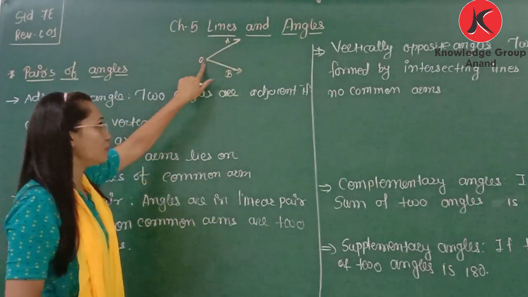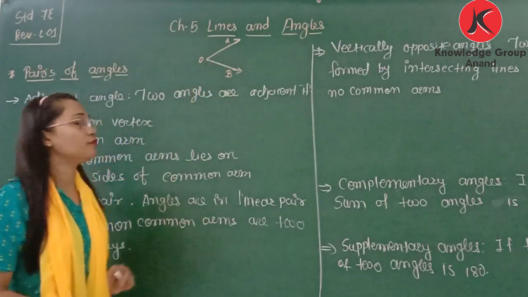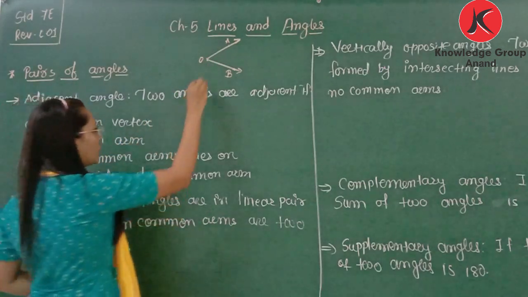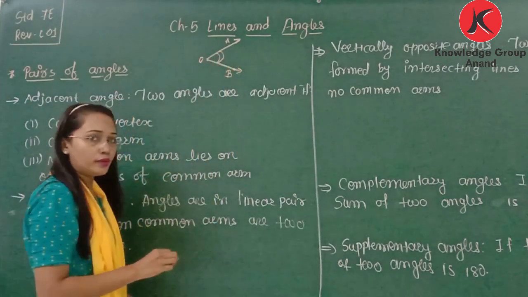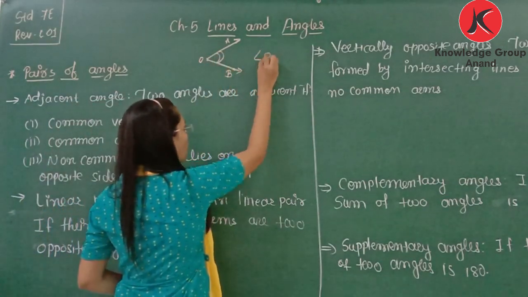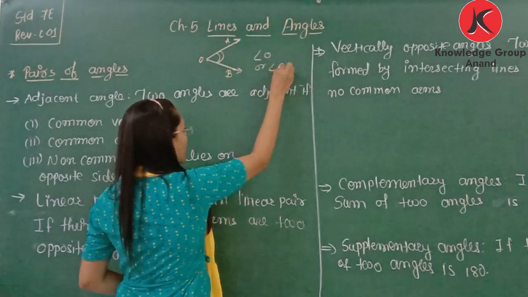So if they start from one point and extend in different directions, they form an angle. Here we give the name angle O, or you can write angle AOB.